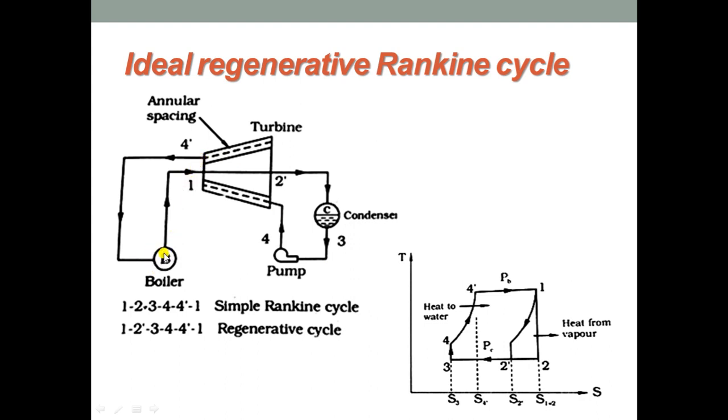It is clear that water enters the boiler in the regenerative cycle at T4 dash temperature instead of T4, as in the case of the simple Rankine cycle. The average temperature of heat addition in the ideal regenerative cycle is greater than that in the simple Rankine cycle, resulting in an increase of efficiency of the regenerative Rankine cycle.